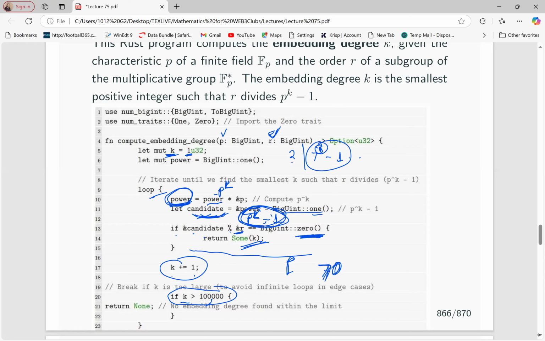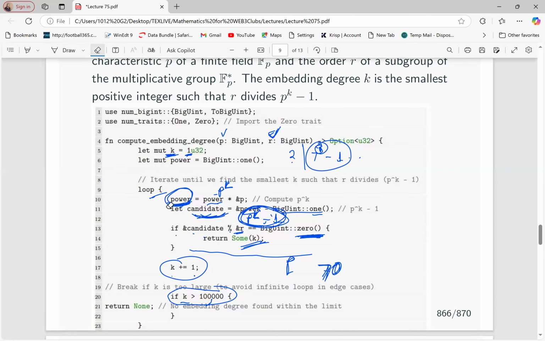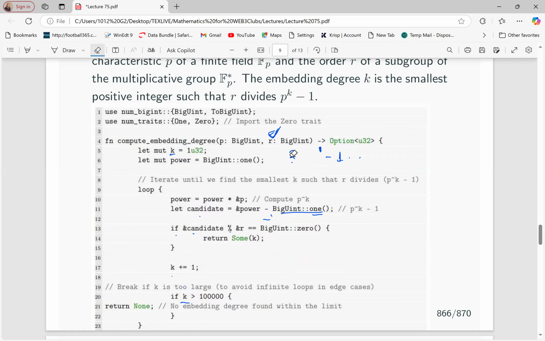So if you've tried up to 100,000 and not found a value, it means that value has no embedding degree, and you just leave it. This code will write no embedding degree.